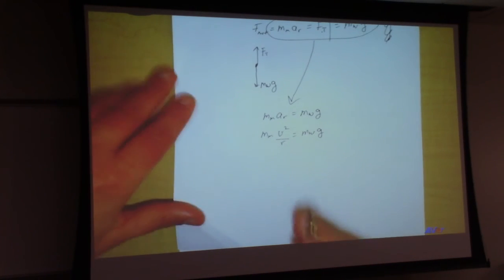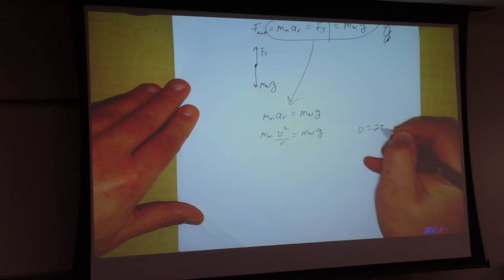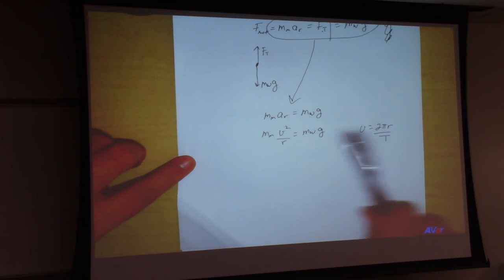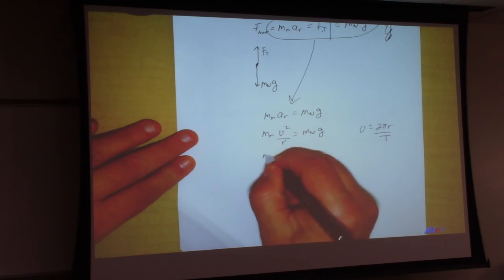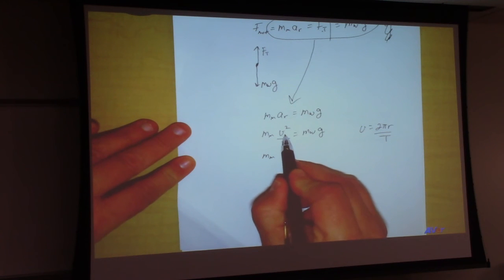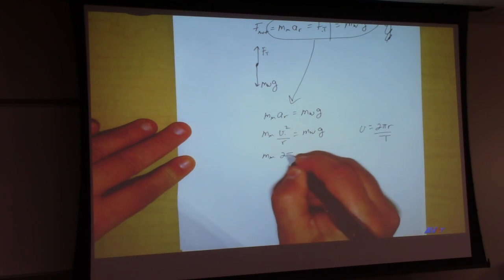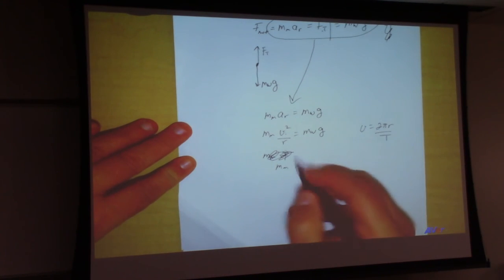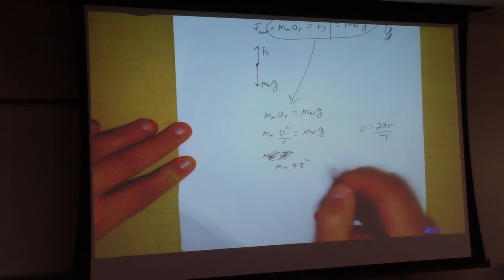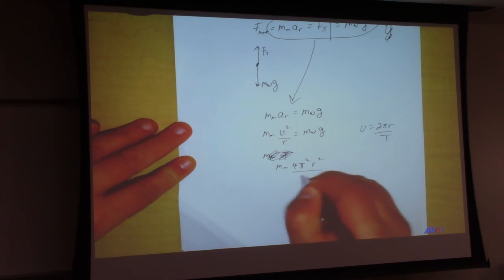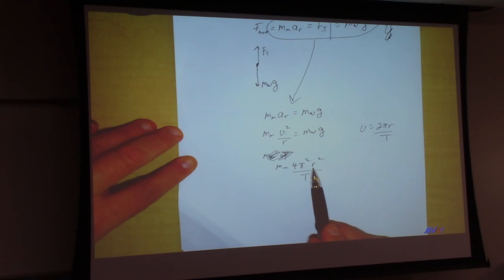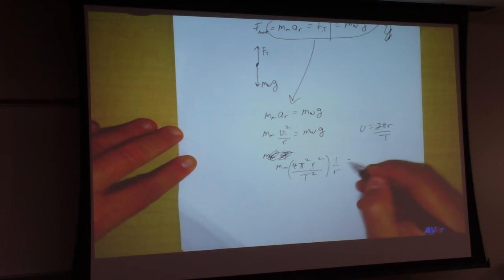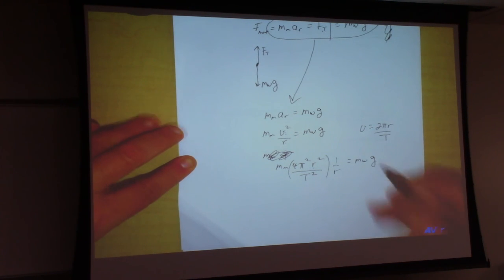And then we also know that v is 2 pi r divided by the period. So I could take this for v and put it in here. So moving mass, v squared, so I got to square this whole thing, so this would be 4 pi squared r squared over the period squared. This is v squared. And don't forget we still have a 1 over r. And then we got mass of the washer times g.